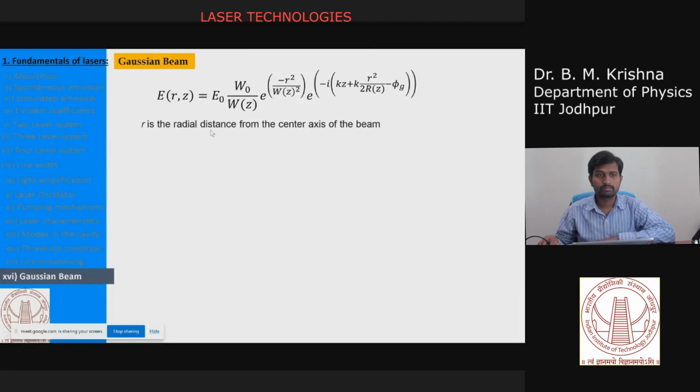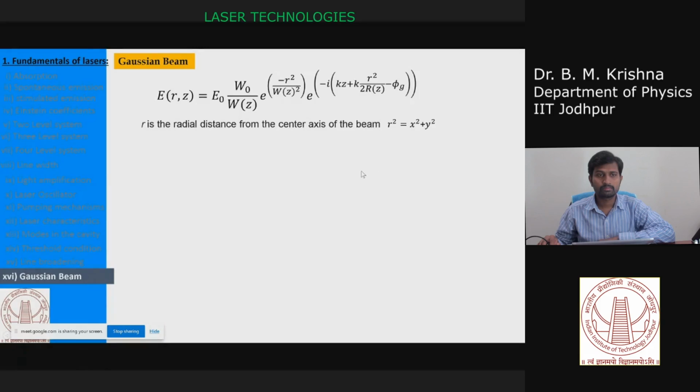So r is the radial distance from the center axis of the beam. If you have a beam in the 2D plane, whatever distance you go from the center axis in either direction gives you a radial distance. That lies in one plane, the xy plane. That's why r square equals x square plus y square.